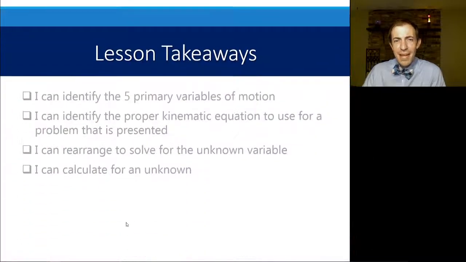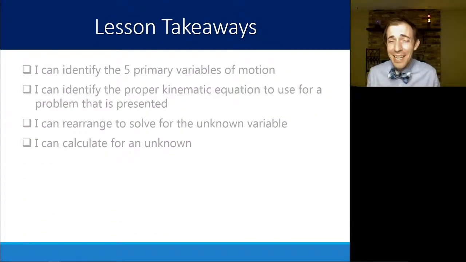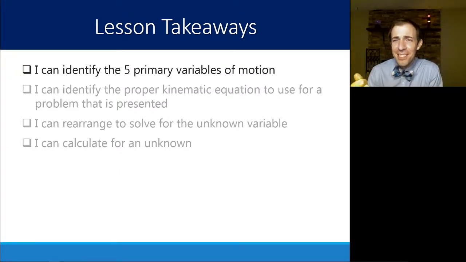Alright, so with all of that in mind, really the key takeaways are along the same lines. One big concept here: you should be able to identify these SUVAT variables, the 5 primary variables, especially knowing that s is displacement, because that's different than what we've probably seen, and then that u and v are initial and final velocity.